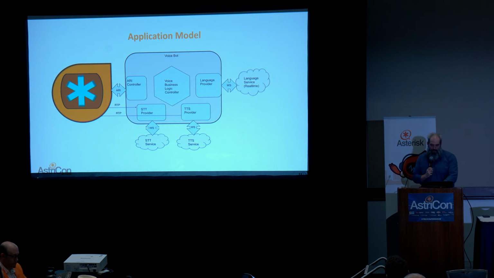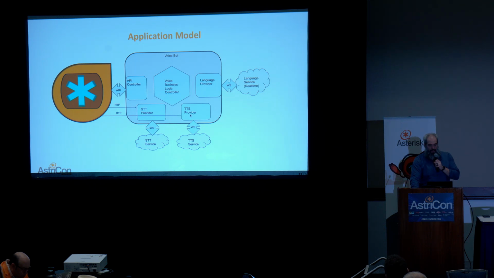So if we looked previously, here's our little bot that was sitting in the corner, and here's Asterisk. We didn't really talk about what it looks like inside the application. This is what it looks like inside the application. There's a bit that's responsible for talking to Asterisk via ARI. We have an RTP stream that comes from Asterisk to your speech-to-text provider.